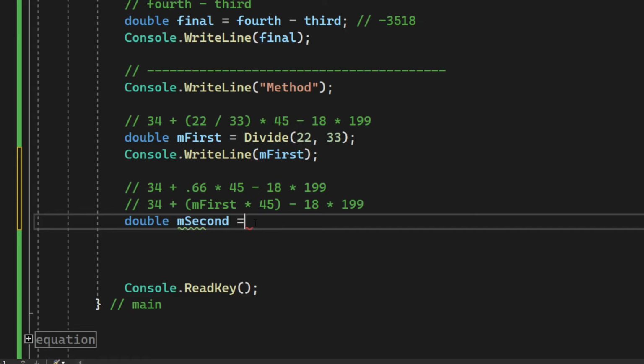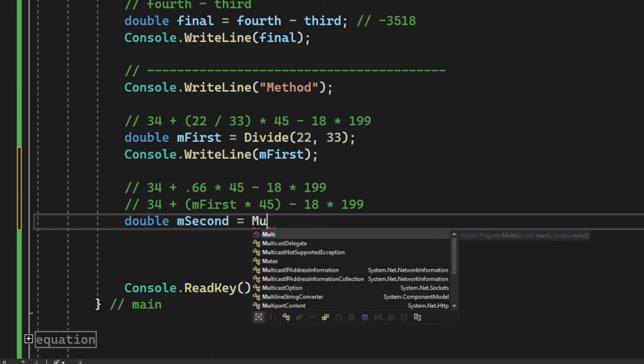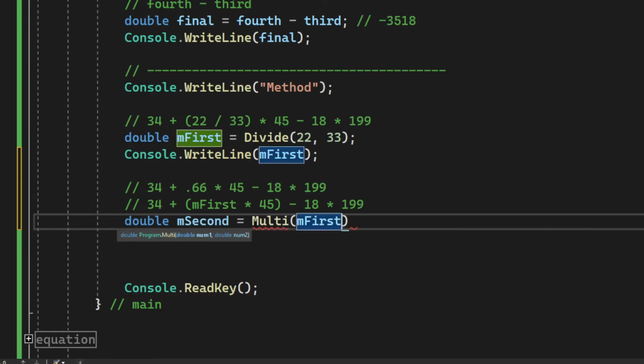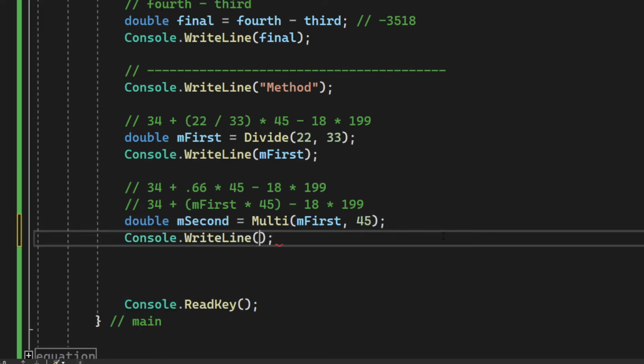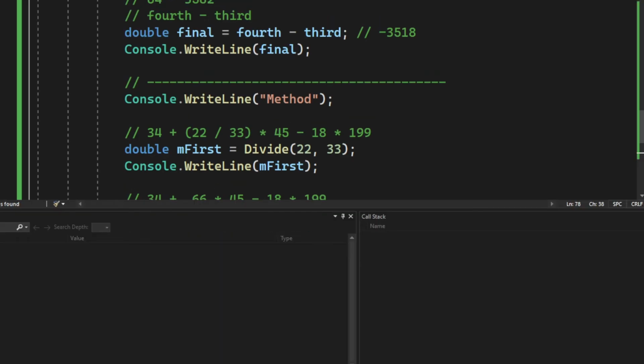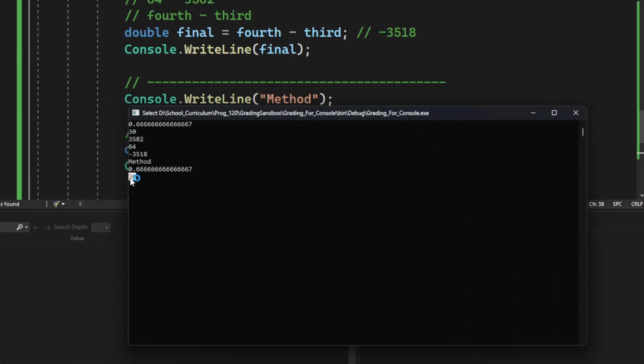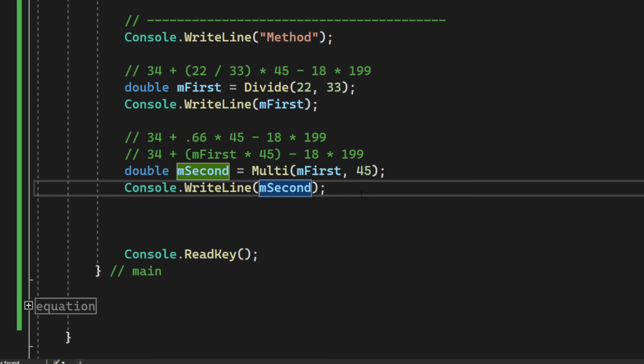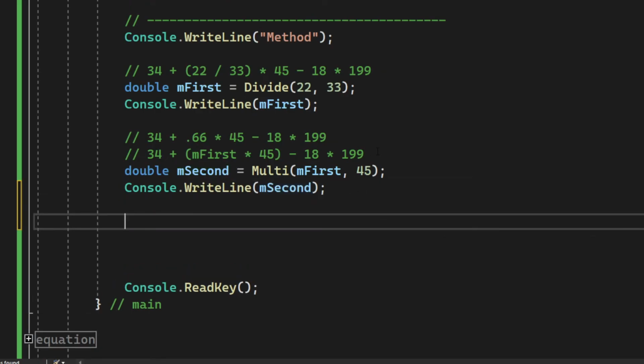The m stands for method. This is just a variable name I'm throwing out there. This time it's multiply, so we're going to do multiply m first, passing that result from here over to here. And then our next number is 45. Let's print this out, m second. We know that it should print out 30 because of our previous math. So far, so good. We got 30.